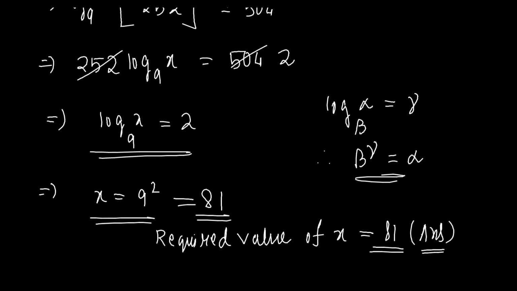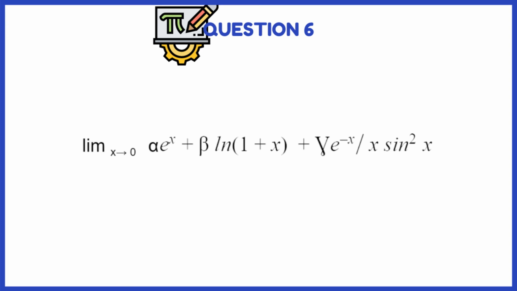Okay, now we come to our next question. The next question is a question from limits. It is given that limit x tends to 0 of alpha into e to the power x plus beta into ln 1 plus x plus gamma into e to the power minus x, divided by x sin x squared, that is sin squared x, is equal to 10.